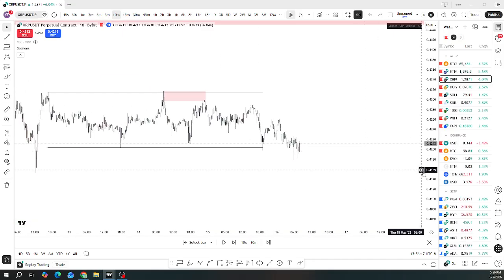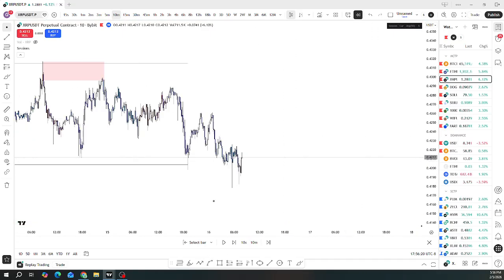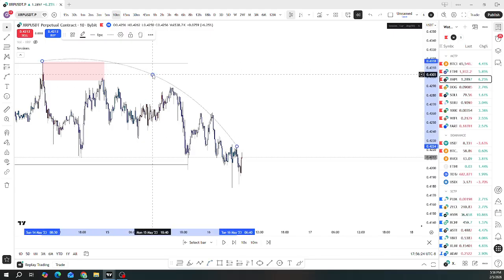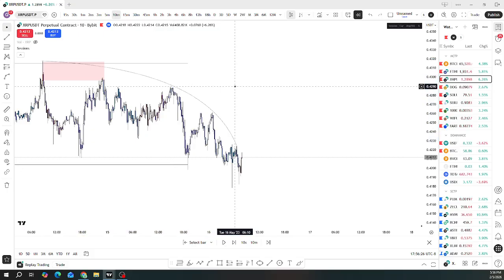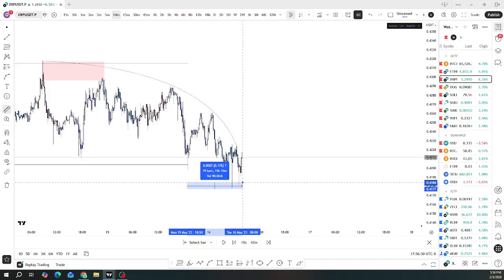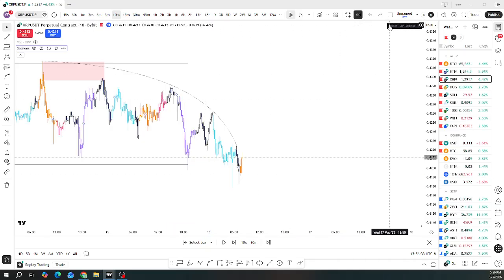XRP is showing signs of strength here. Some sort of an accumulation after coming to that technical target. Really not something I'd be interested in trading. It is a daily range. You can see how you have Asia as your range start, and then London, then New York.